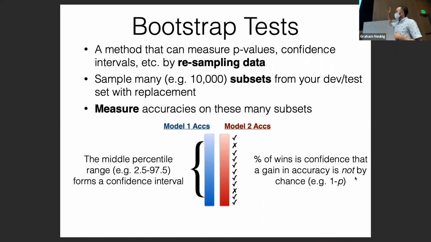If you resample 10,000 times and model 1 only wins once, then you would have basically 99.99% confidence that model 2 would win in a new setting.